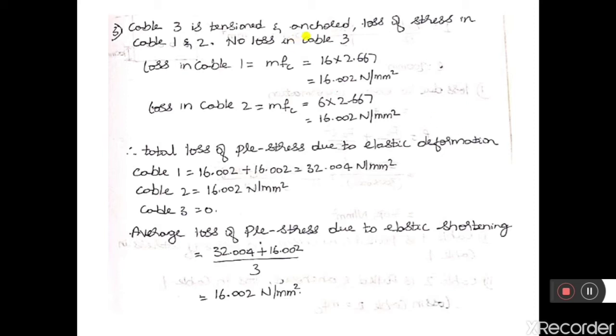Therefore, what will be the loss in cable 1 when cable 3 is tensioned and anchored? That is m fc, 16 into 2.667, which is 16.002 Newton per mm square. And what will be the loss in cable 2? It is again the same formula, m fc, where m is the same and fc is the same, so 16.002 Newton per mm square.